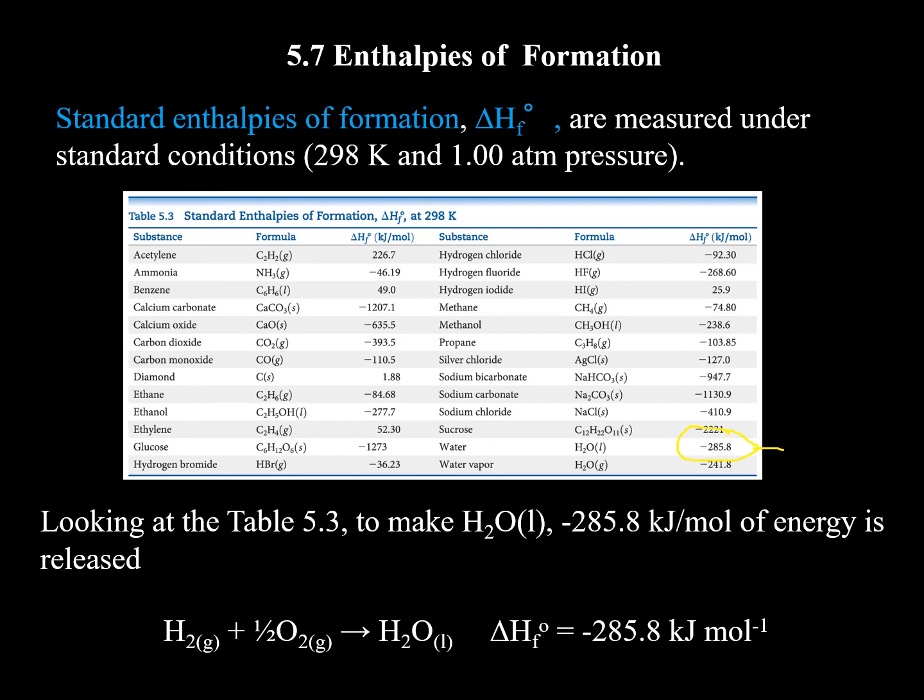That means when the oxygen and the hydrogen come together, it will release negative 285.8 kilojoules per mole of energy if I were to form H2O liquid. Diamond has a value of 1.88, it's not 0 because we know diamonds are not formed on the surface. They're formed in high pressure and high heat situations.